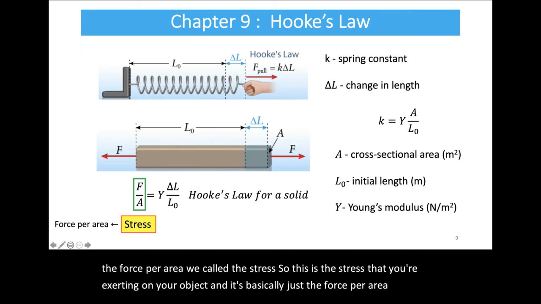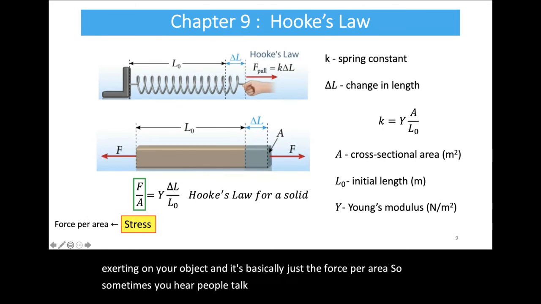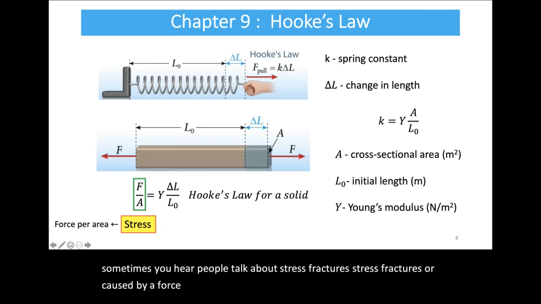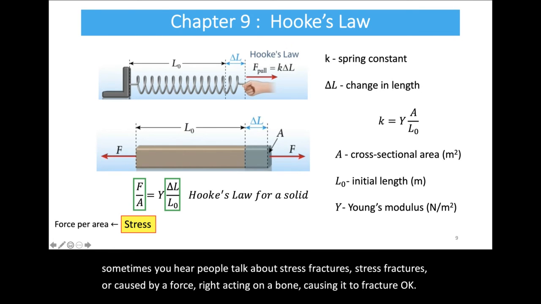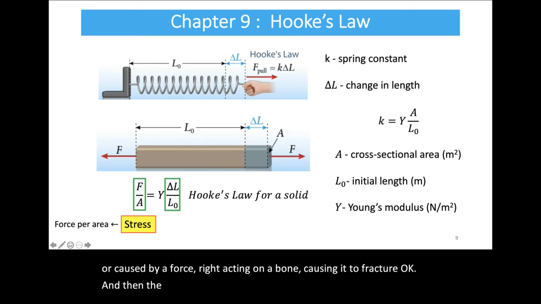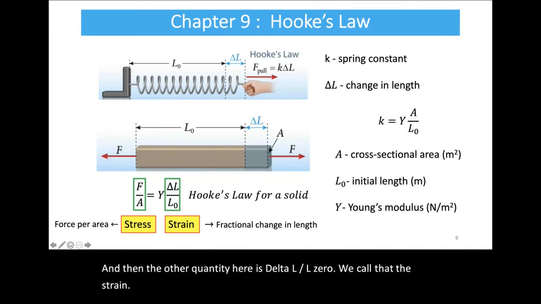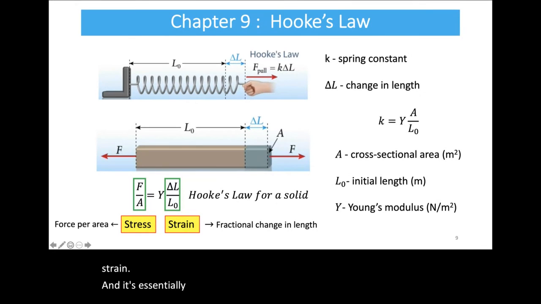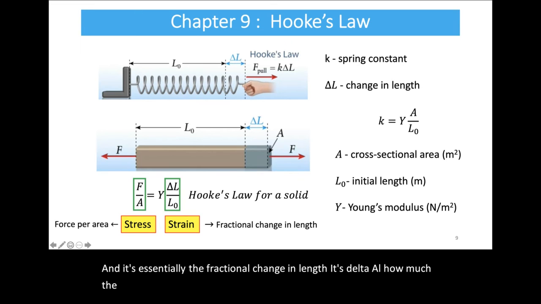Sometimes you hear people talk about stress fractures. Stress fractures are caused by a force acting on a bone, causing it to fracture. The other quantity here is delta L over L0. We call that the strain, and it's essentially the fractional change in length. It's delta L, how much the length changed, divided by the initial length.